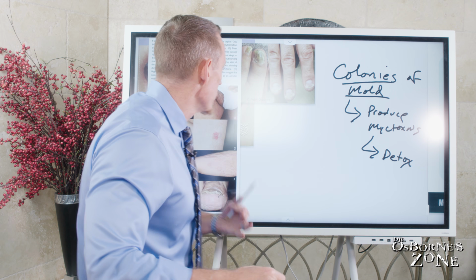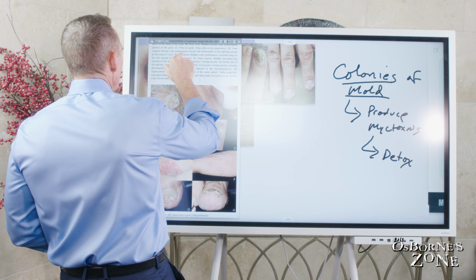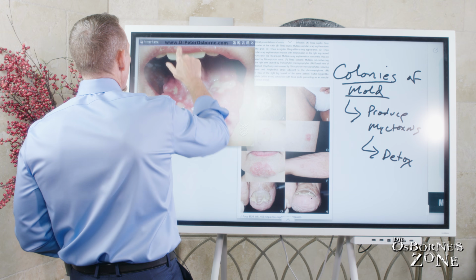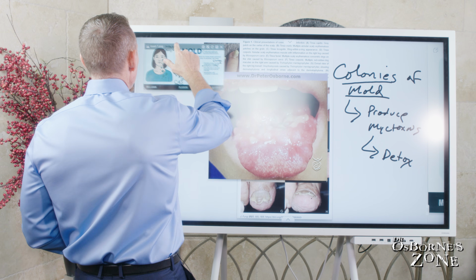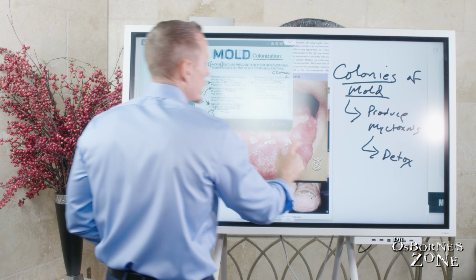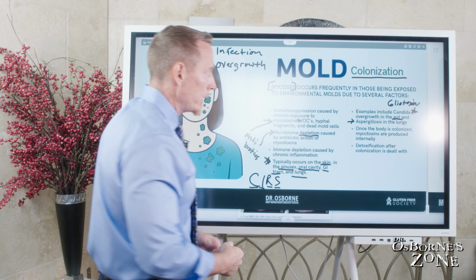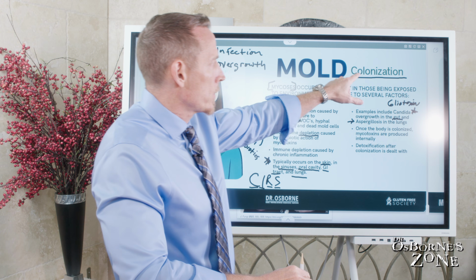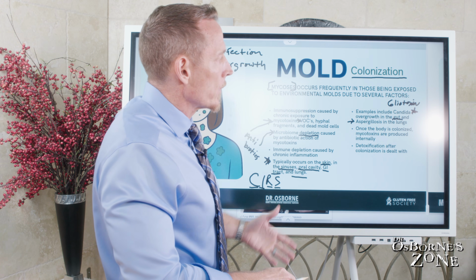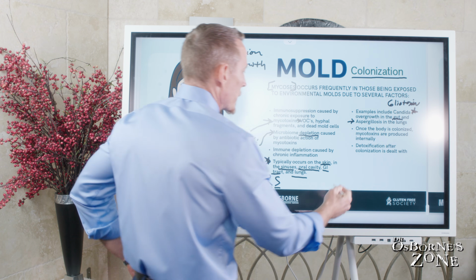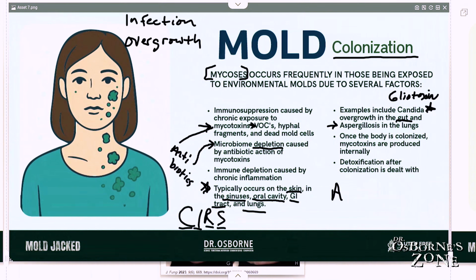So understand that colonization, if you have it and don't know it, this is something you want to work with a doctor to test for, so that you can determine it and deal with it, right? Because if you're mold colonized, it will require detoxification, but detox happens after treatment of the colonization.